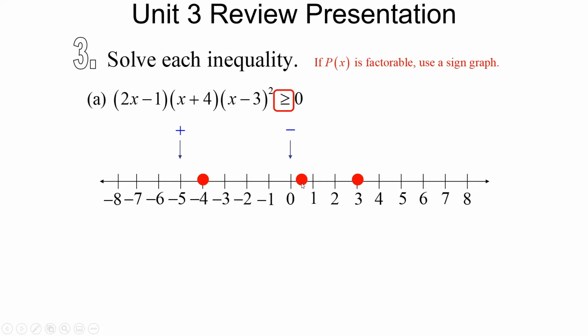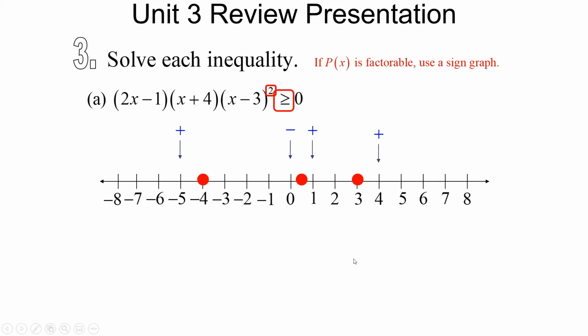If 1/2 is a single root, which it is, if I am negative to the left, then I am positive to the right. Now this 3 was a double root, so to the right of that 3, well, I'm positive to the left. I must stay positive on the right.